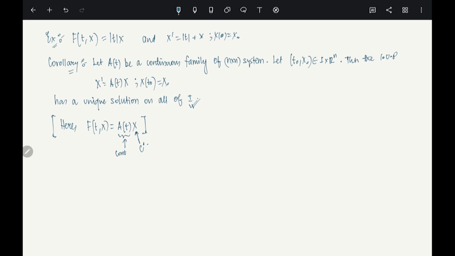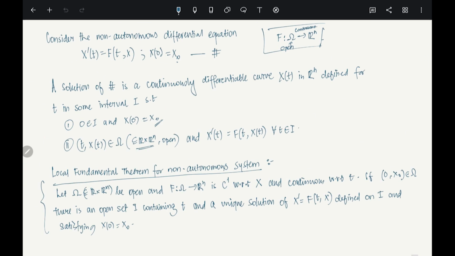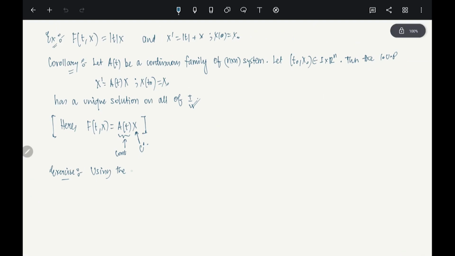So this is an exercise. Using Picard, using star, one has a local solution.